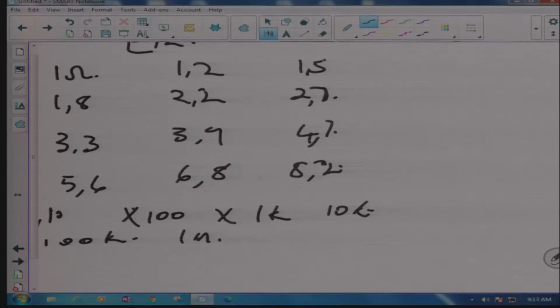Now, be careful about that. You always look at it. Well, the next one after 8.2 is what? If it was 82, it will be 100. If it was 820, it would be how much? 1K or 1,000 ohms.